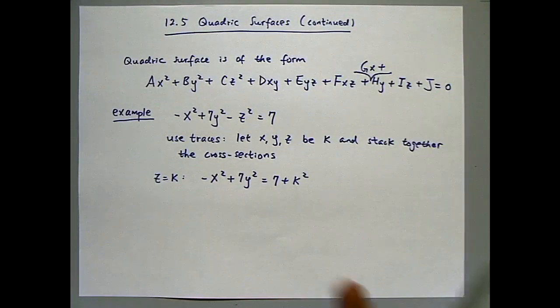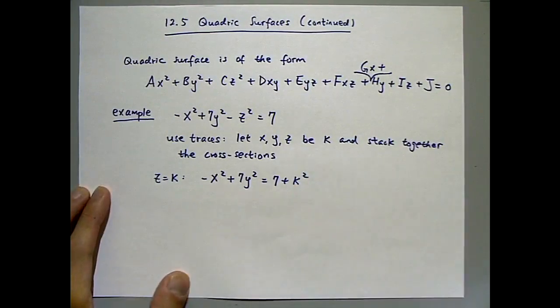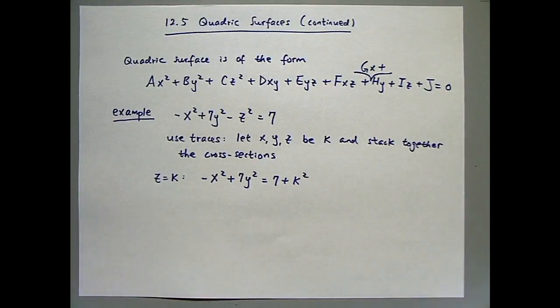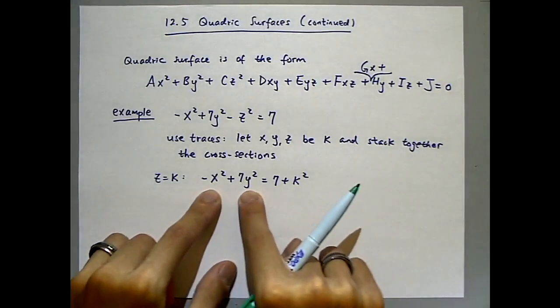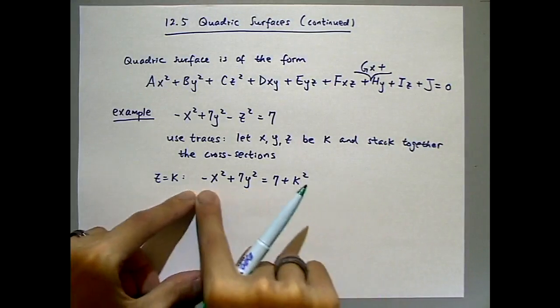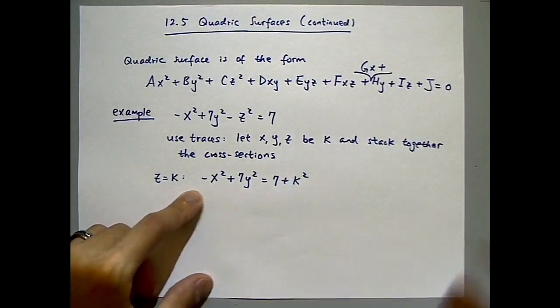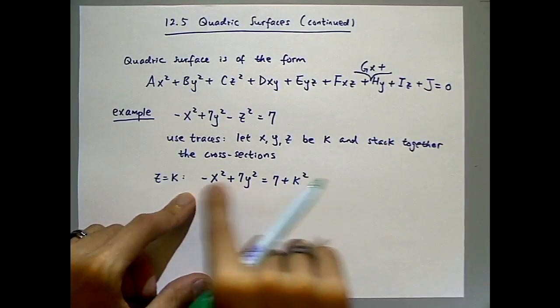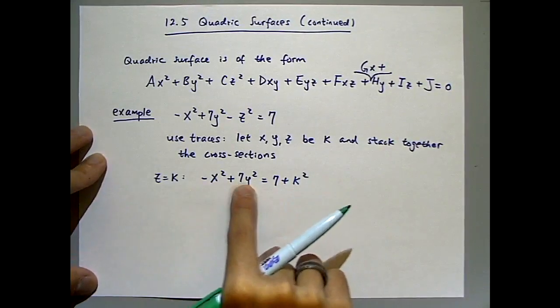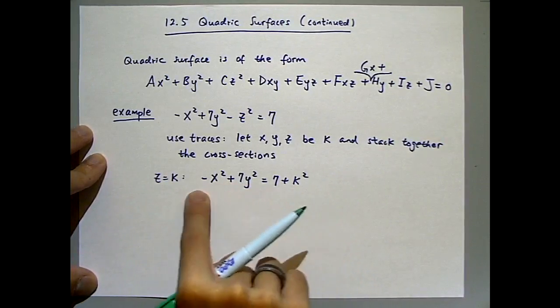What shape is this? I heard ellipses, I heard parabolas, hyperbolas, that's right. See, these things are squared, and one of them is negative. This means we're dealing with a set of hyperbolas. If these are both squared and both positive, then what do we have?